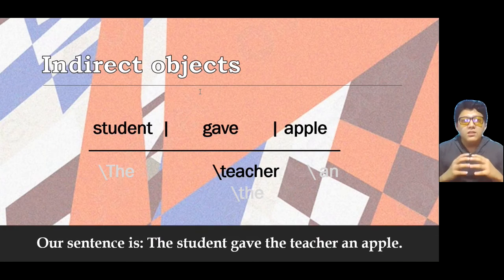So we connect this part of the diagram with the right diagonal line. With a line, we can connect the indirect object, right?